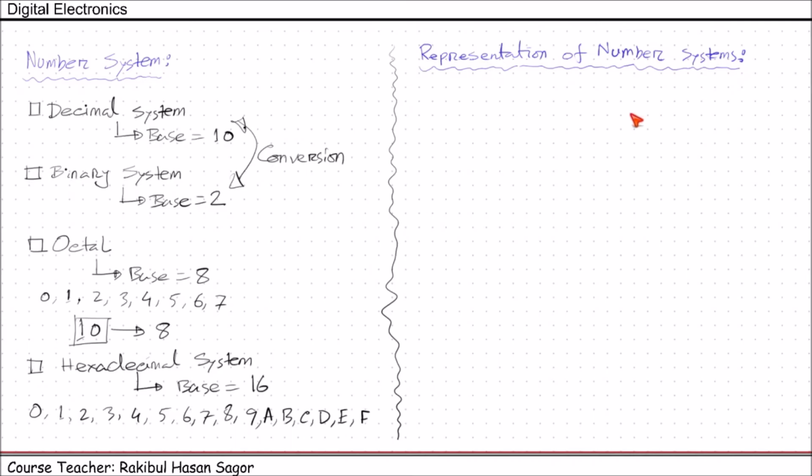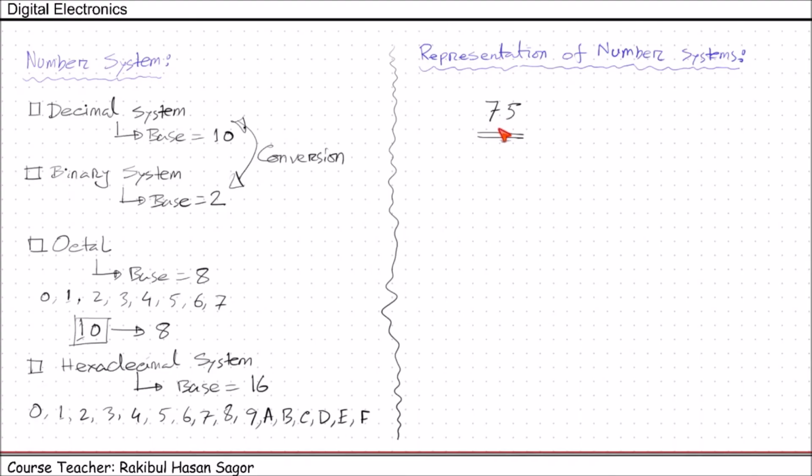At the very beginning, if I ask you, what type of number is this? We cannot answer, because this symbol represents a hexadecimal number, an octal number, and also a decimal number. We are sure that this is not a binary number, but we cannot say definitely what type of number it is unless we know the base or radix of this number.